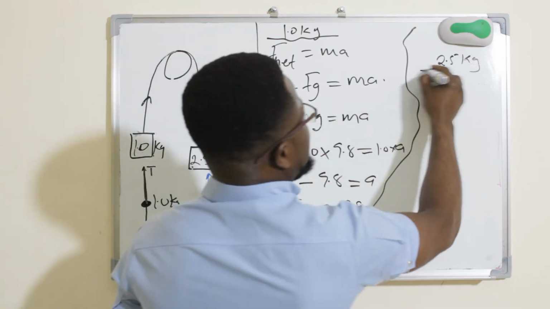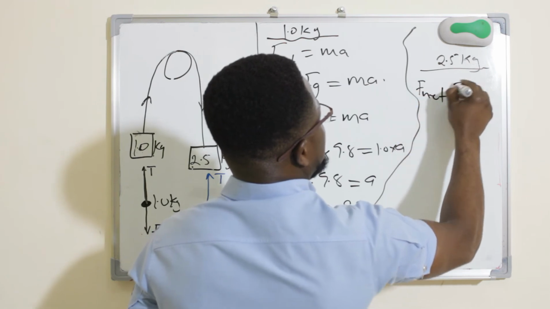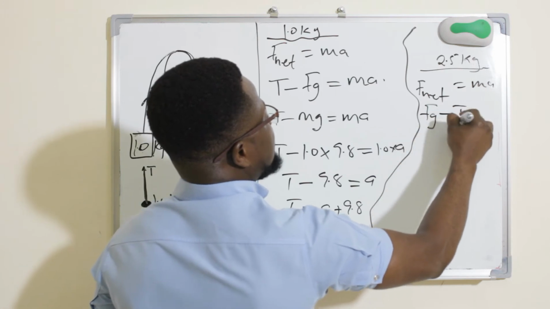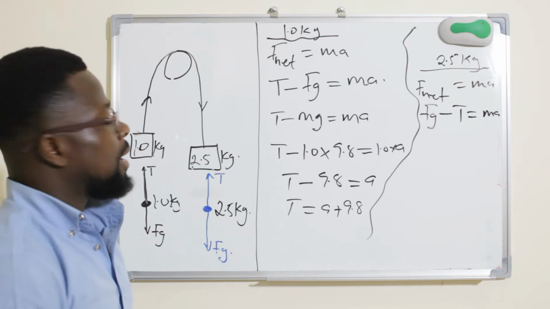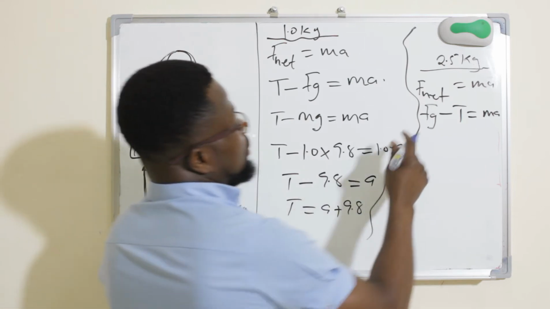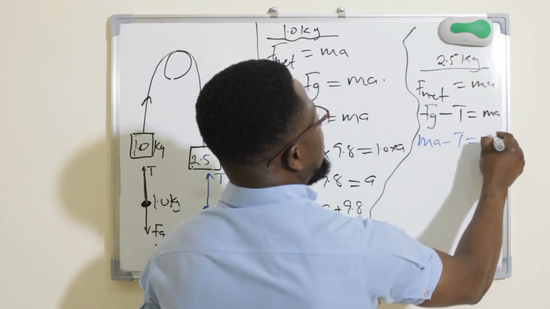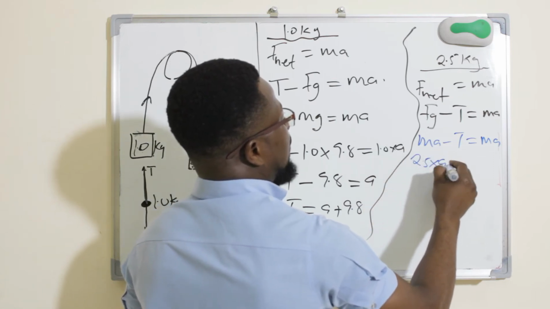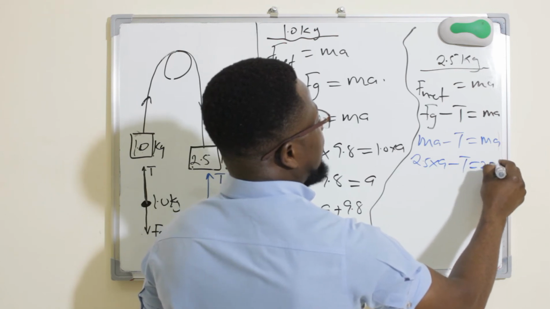Therefore, this will become F net is equals to MA, and that is FG minus T is equals to MA. And from this point, let's try and do the substitution, because we're going to have mg minus T equals to MA. Mass is 2.5 multiplied by A minus T, 2.5 multiplied by A.